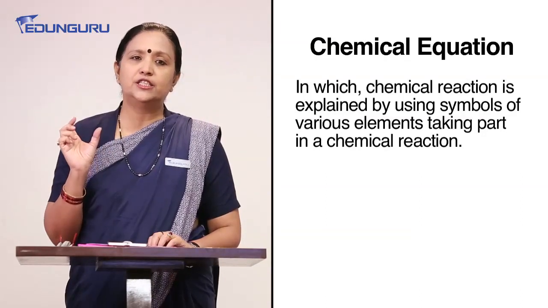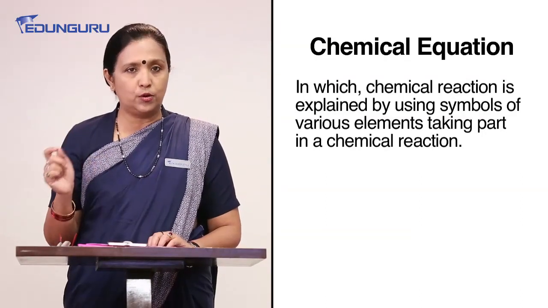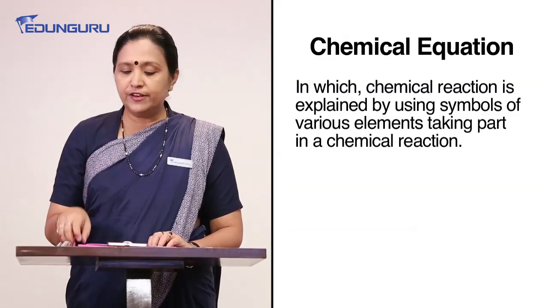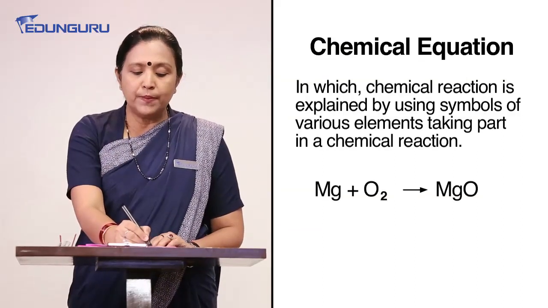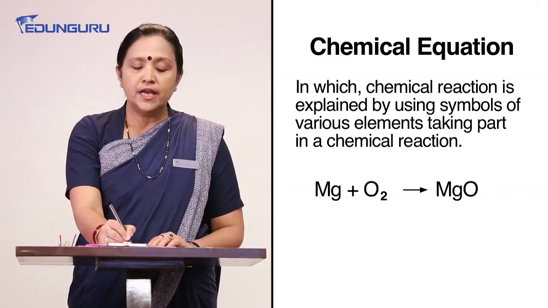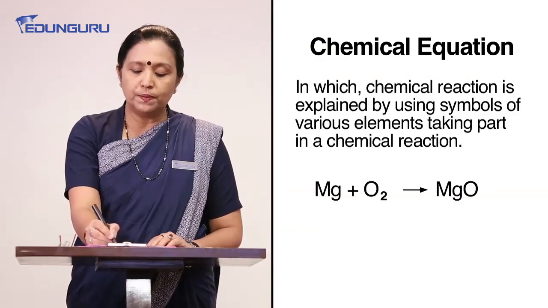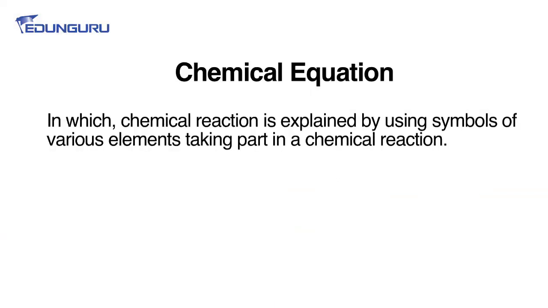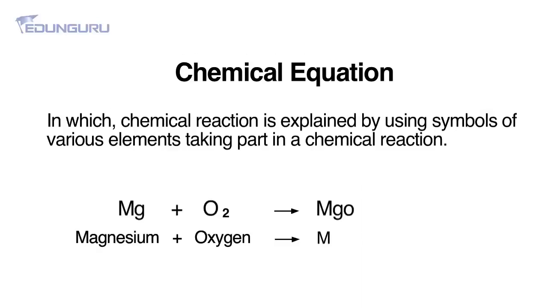Such representation is known as a chemical equation. For example, Mg plus O2 gives MgO. In this reaction, you can see that magnesium is combining with oxygen to form magnesium oxide.